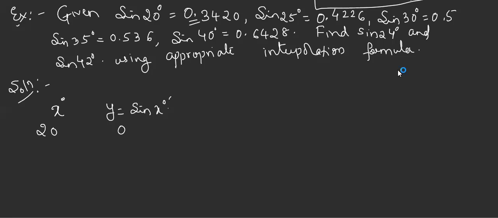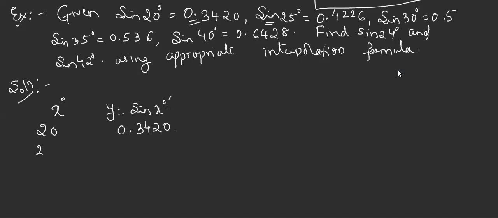Are you understanding? Sometimes the table may be given directly, but here they have not given. I have chosen a little complicated example. Sine 25 is this value. Which value is corresponding to x? What is x here? The second value, 25.